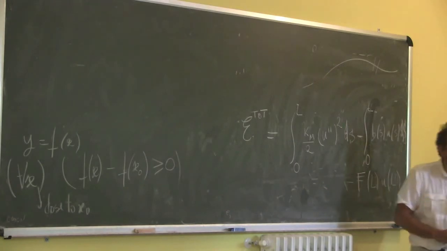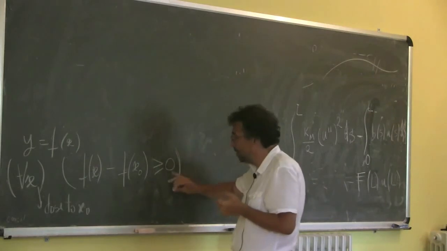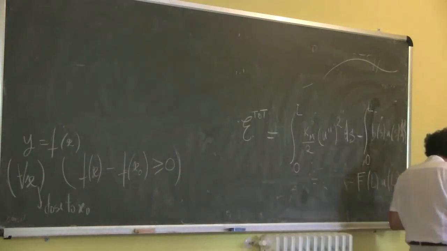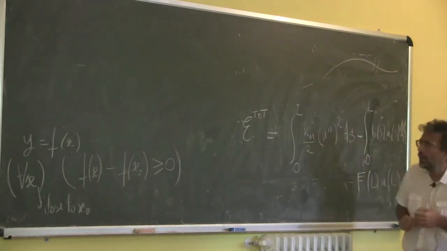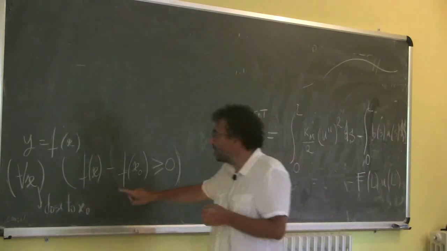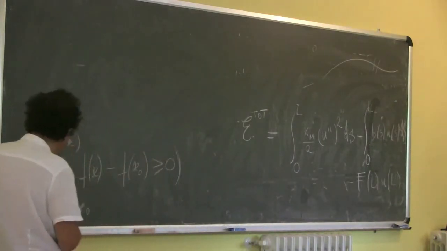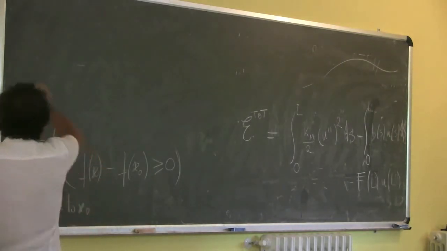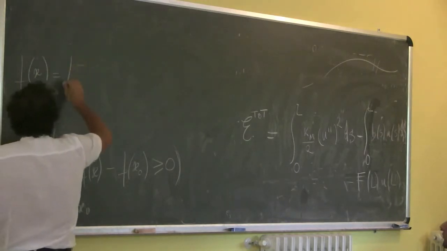And at the epoch of Lagrange, this was rather advanced mathematics. In order to have this inequality verified for every x close to x0, we can write the Taylor expansion.